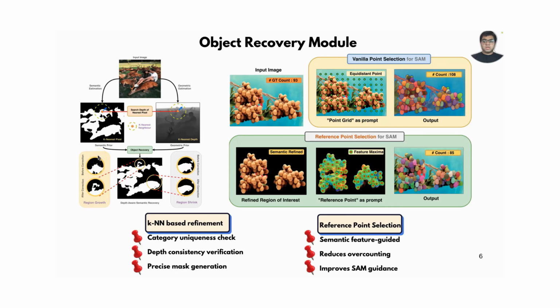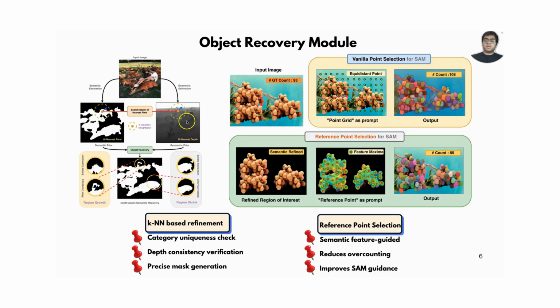Overcounting is corrected by merging redundant regions, while undercounting is addressed by recovering occluded objects using depth cues. For instance, in dense scenes, this module separates overlapping objects like heads in a crowd, ensuring accurate counts. This refinement ensures OmniCount's robustness across dense and multi-level scenarios.